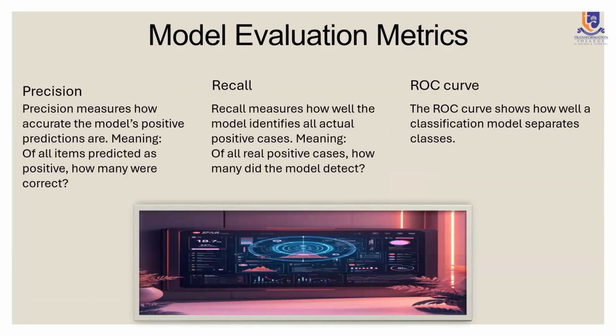So if we have a data set of 200 values and your model returns 100 as correct values, out of the 200, the total data set, are there really only 100 true values, or are there more, or fewer? Right.